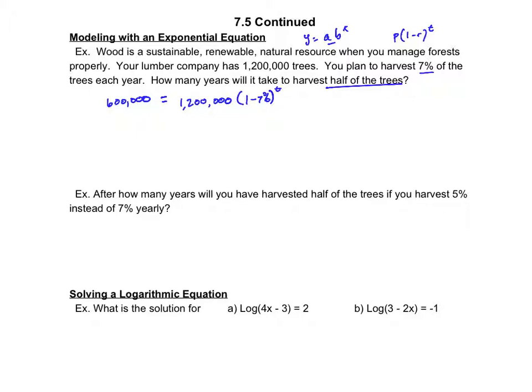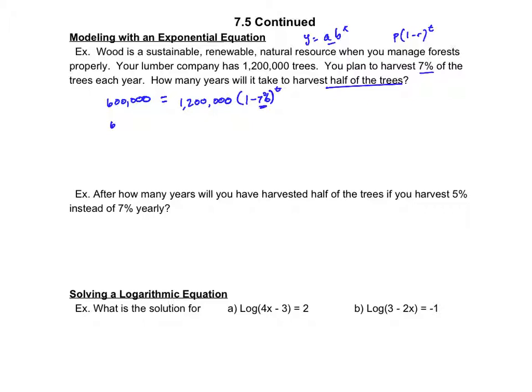So looking at this, let's see, what can we do? Before we do anything, we should be able to convert that percentage to a decimal.